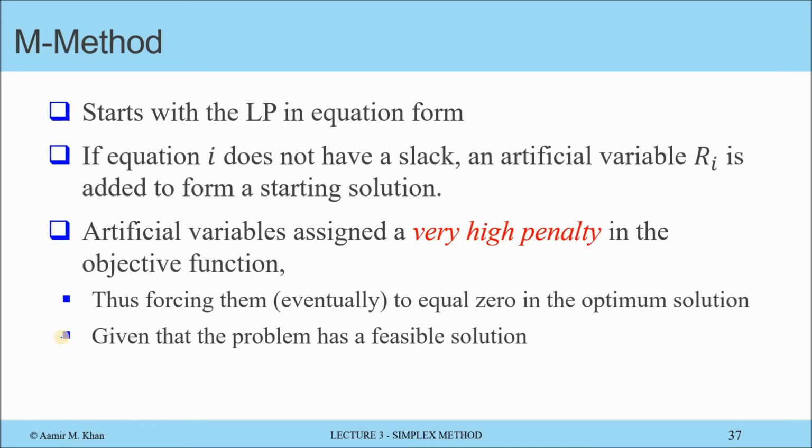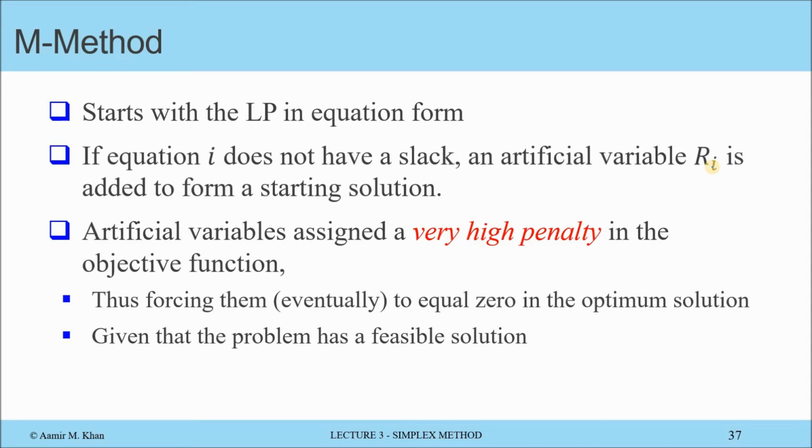In that case, you attach an artificial variable R. So Ri means it will have numbers, for example, the first artificial variable is R1, R2, R3. We use capital R just for convenience, so that we keep them separate from the other variables.